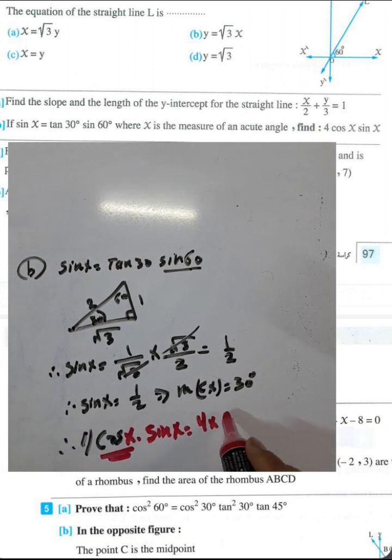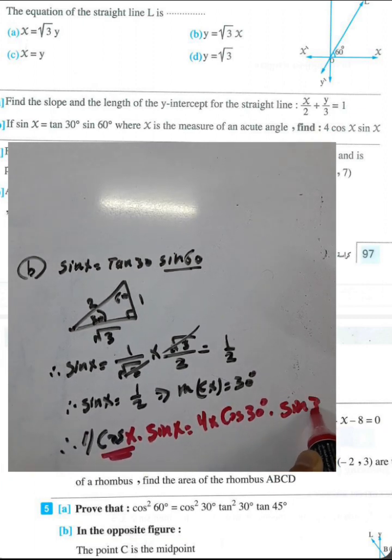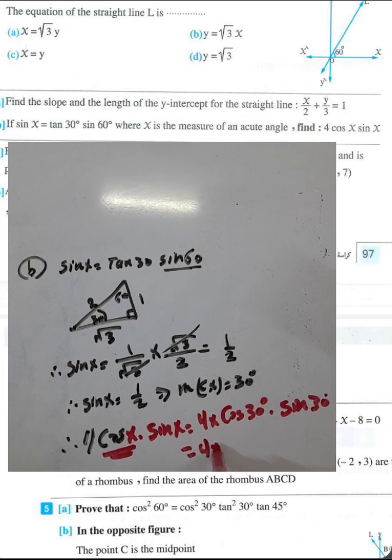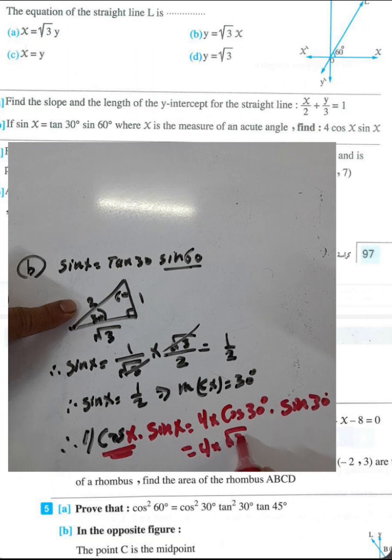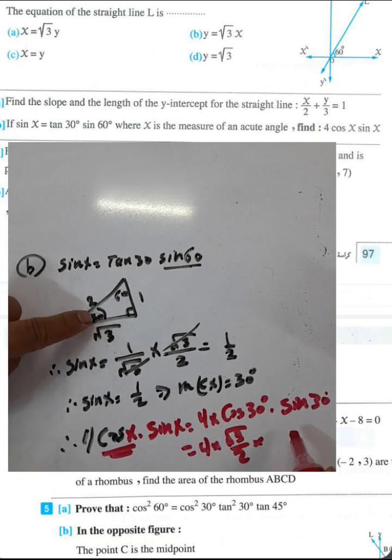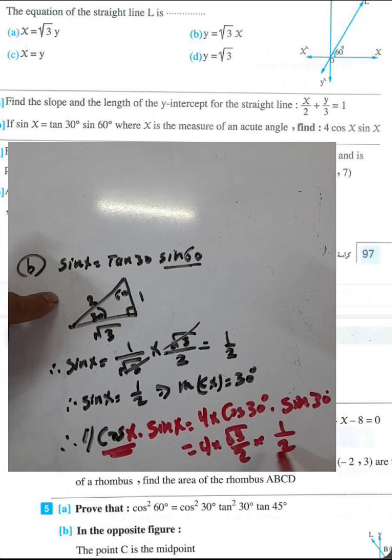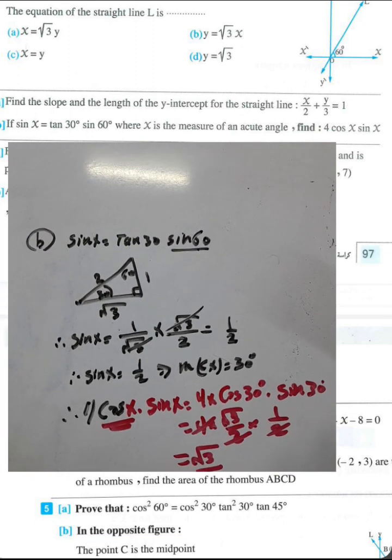Okay, 4 times cosine 30, adjacent over hypotenuse, root 3 over 2, times sine 30, 1 over 2. 2 times 2, 4, 4 divided by 4, 1. 1 times root 3, it will be root 3. The result here will be root 3.